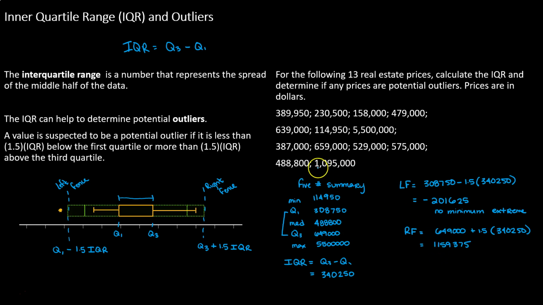Notice that the 1,095,000 is not larger than our right fence, so that's not considered an outlier. But the 5,500,000 is, so we have an outlier. Because that data value is greater than our right fence, we have an extreme value, we have an outlier.